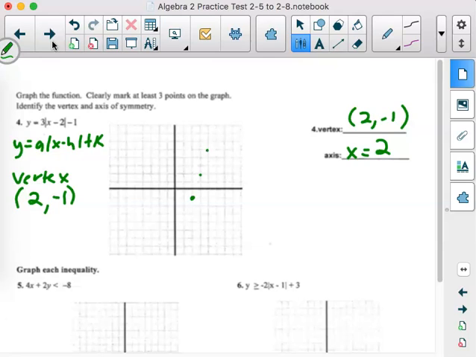I'm going to do that a couple of times. So how do I get the other side of the v? Up 3, left 1.